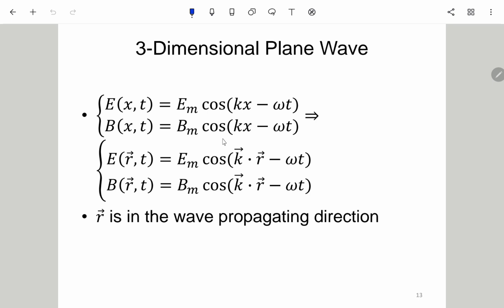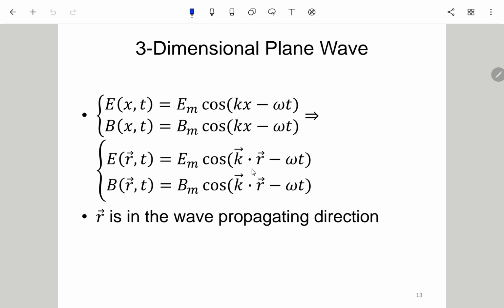plane wave. Okay, so the solution will be like that. Okay, if we need to generalize the solution into three-dimensional, it becomes this, E field of r vector, and then B field of r vector, t. Okay, so it becomes three-dimensional in space.